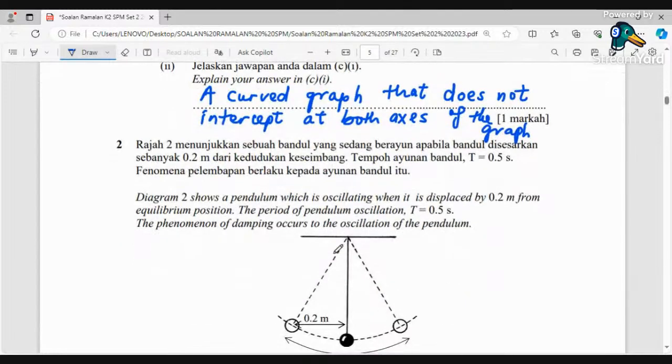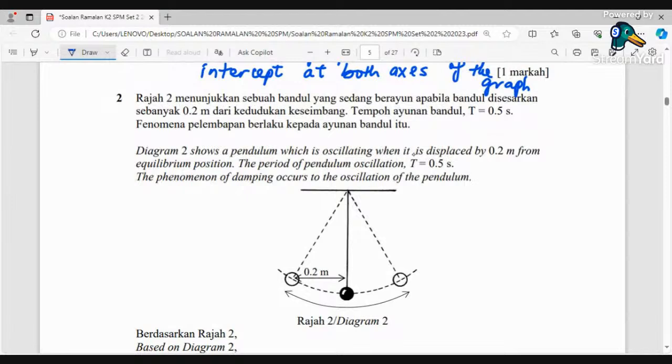Okay, number 2. Diagram 2 shows a pendulum which is oscillating when it is displaced by 0.2 meter from the equilibrium position. For a pendulum, the lowest position we call the equilibrium position.